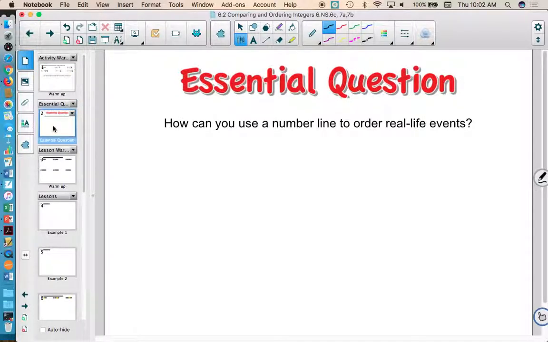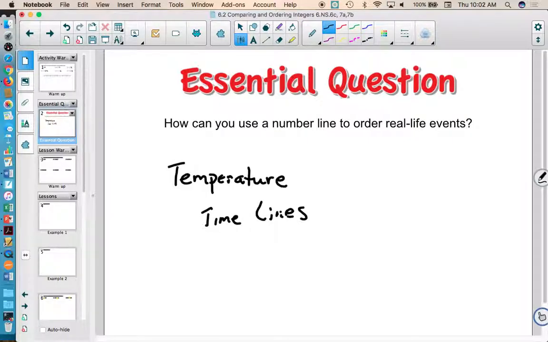All right. So that's kind of what we're dealing with. We already talked about how we use the number line in real life. We use it for temperature. We use it for timelines. What were some of the other things you guys gave? Tape measure, which is a form of a number line.